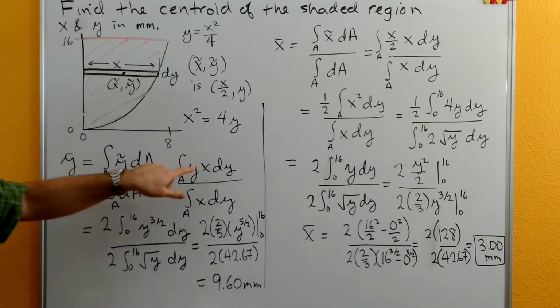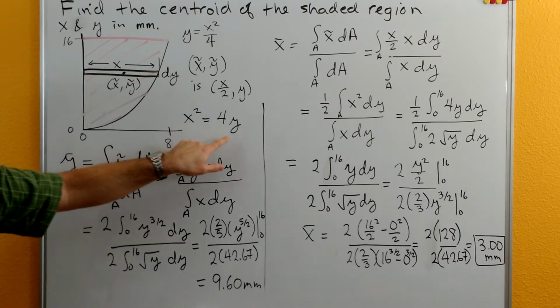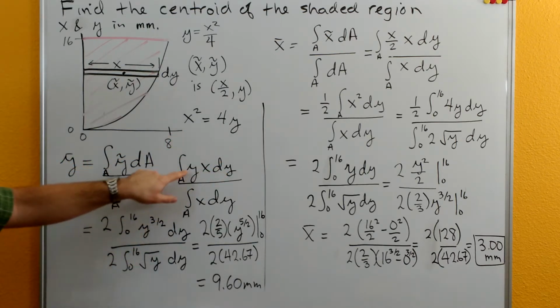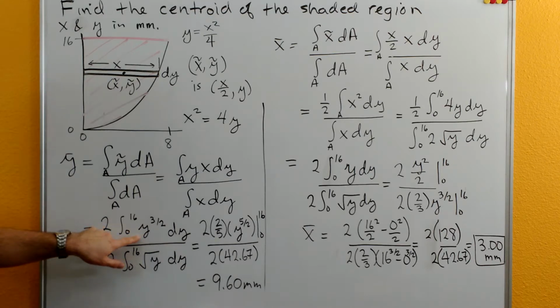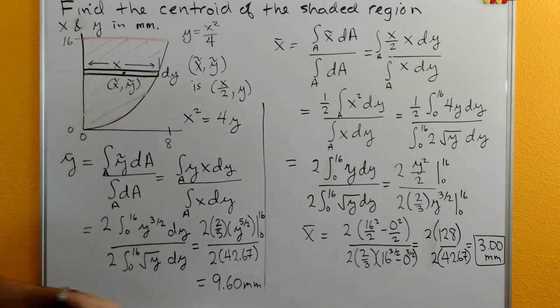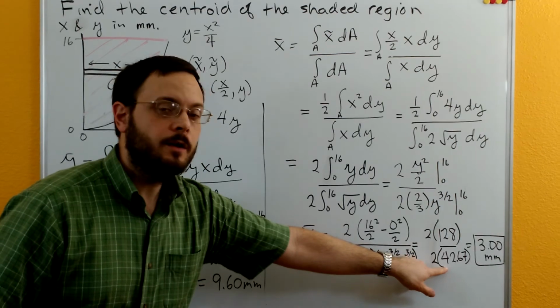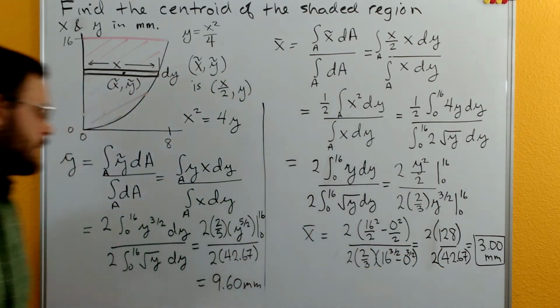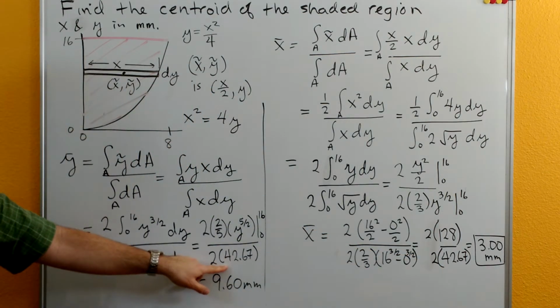And so substituting in here again, we have x is equal to 2 times the square root of y. It's multiplied by another y, so it's going to give us y to the 3/2. There's the 2 that came out of there. And then we can integrate this top side. The bottom, we've already gotten a numerical value for the integration, so we can just go ahead and plug in that numerical value here that we already have.